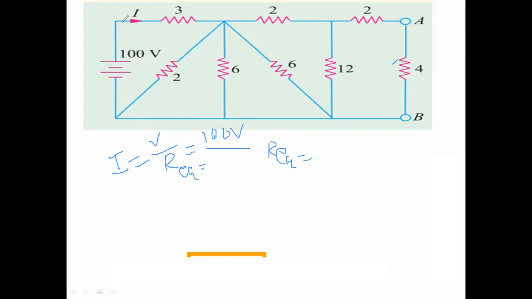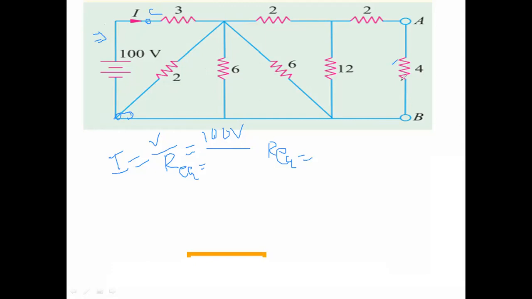For finding the R equivalent, we have to observe across these two points. Assume that this is point C and this is point D. Across these two points, we will see how these are connected. For observation, we look from the left side.